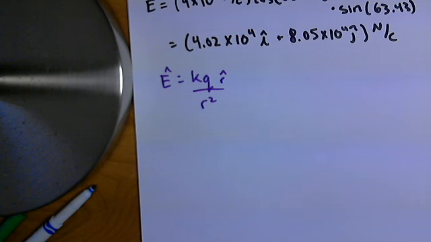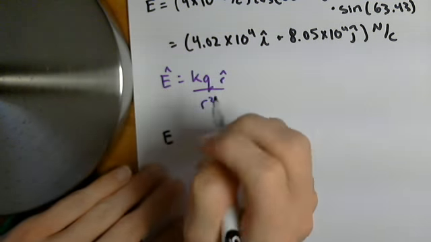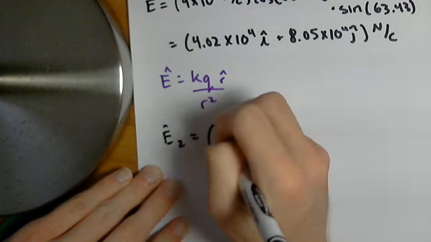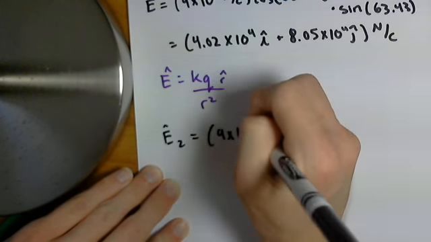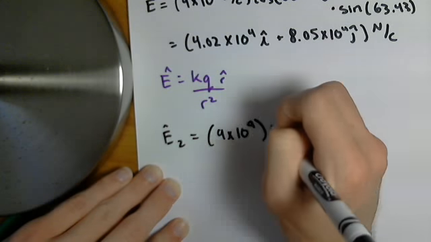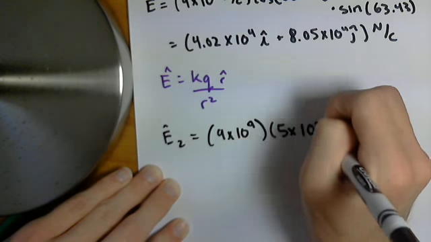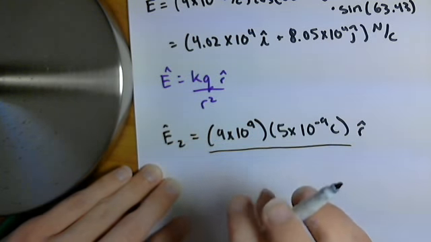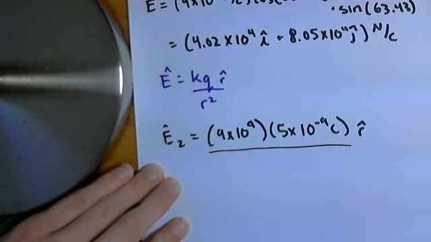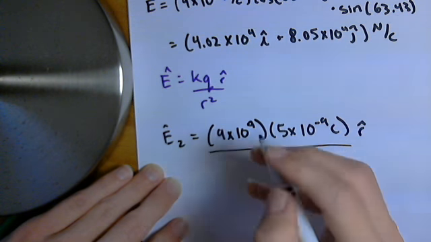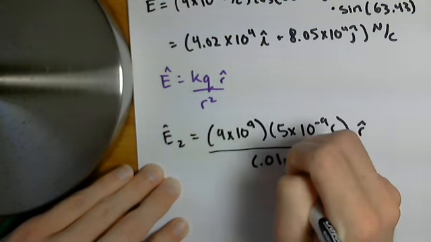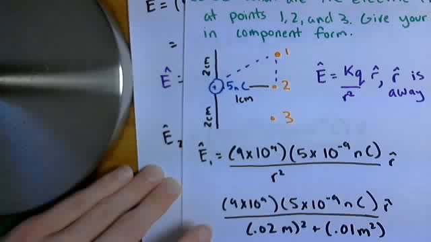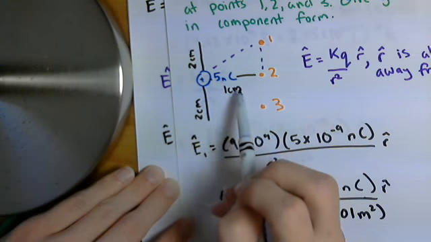So we'll have E2 equals 9 times 10 to the 9th times 5 times 10 to the negative 9th coulombs, R hat over the distance squared, which is 0.01 meters squared, since it's just horizontal. As you can see here, it's just a horizontal 1 centimeter.